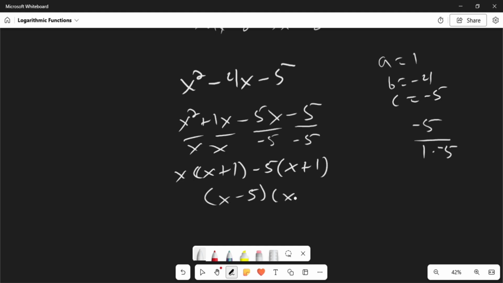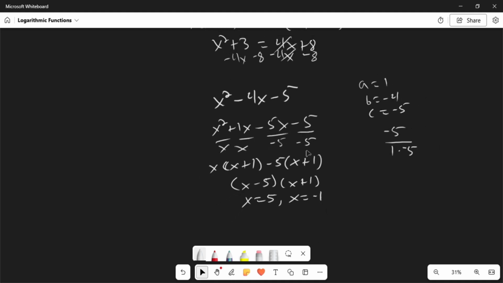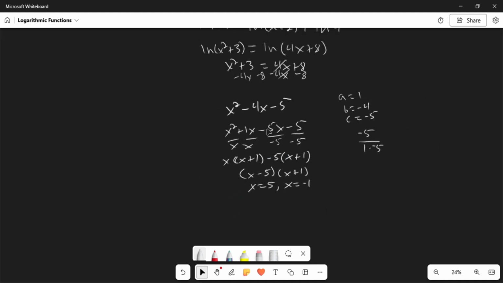Alright, so we know that these are the factors, so it's going to be x equals 5 and x equals -1, right?